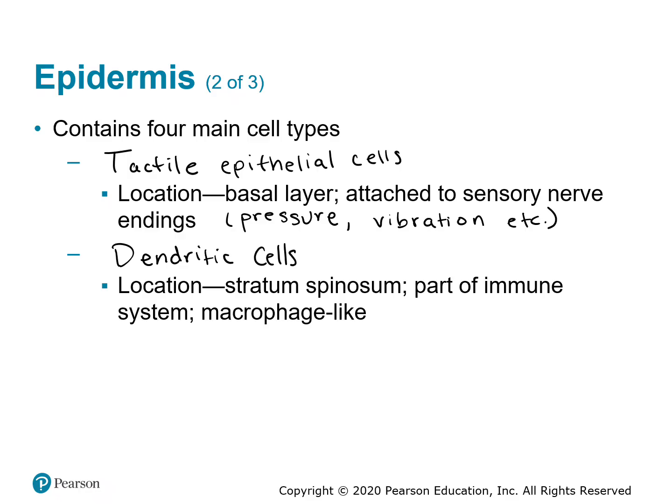Not to be confused with dendrites of your neurons, dendritic cells are these macrophage-like immune cells that clear up any debris, anything that's been broken down in that epidermal layer. Removes debris. Okay?